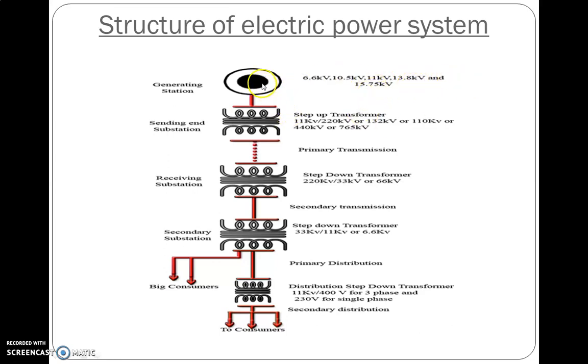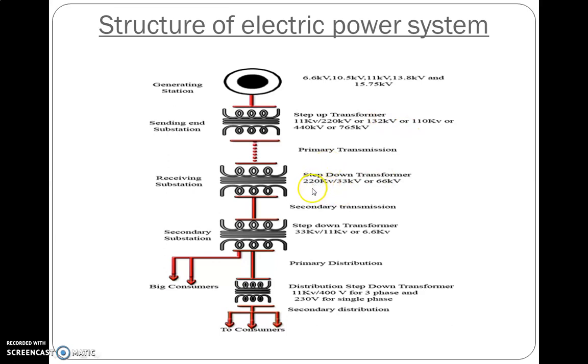The power generated is fed to the step-up transformer. That means the generated 11 kV is stepped up to 220 kV or 132 kV or 110 kV. Based on our requirements, we step up the voltage, and then primary transmission takes place.